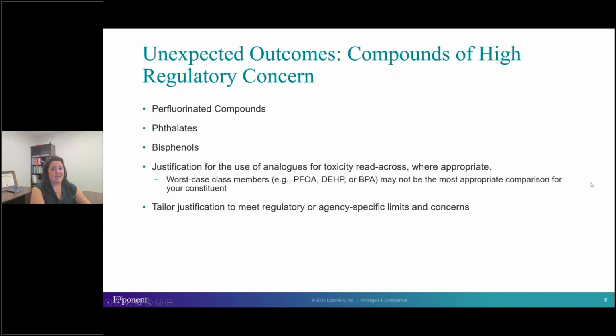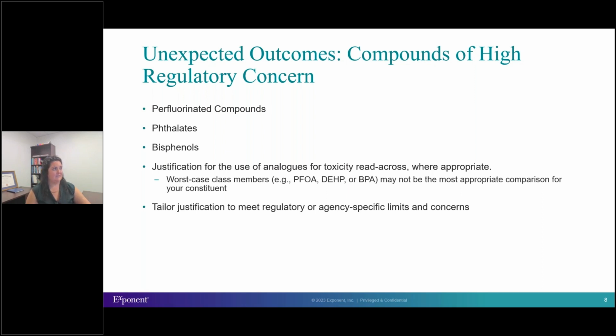Now, for compounds of high regulatory concern, these chemical classes are highly scrutinized by agencies, but there's not necessarily agency-specific guidance or published standards on the best practices for evaluating these compounds. And so addressing these compounds in the TRA can require extra care, especially when there are no toxicity data for the identified constituent.